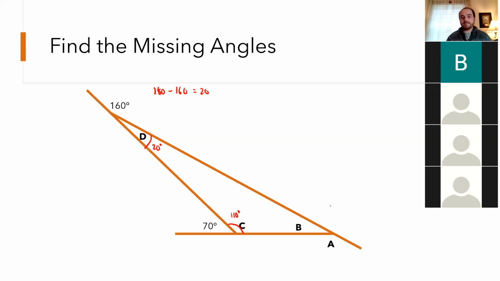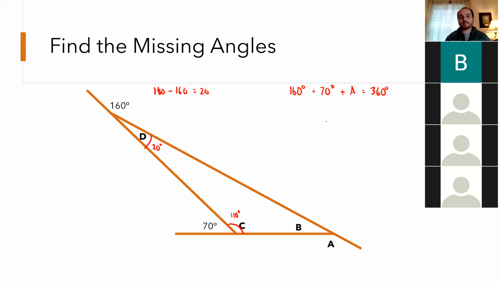And then to solve A, we can use the second part of the exterior angle theorem. So we can either add together D and C, which we know are 20 and 110, or we can make sure that all the exterior angles add up to 360 degrees. So if we do the 360 degrees, we have a 160-degree angle, we have a 70-degree angle, and then we have angle A. All of these equal 360 degrees.